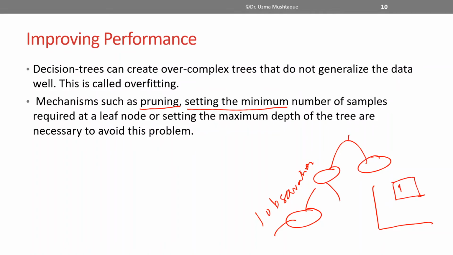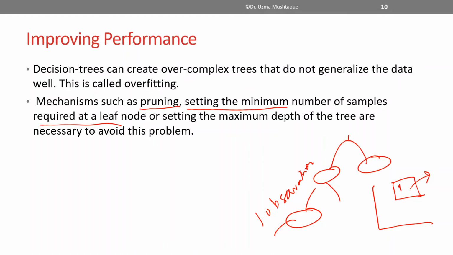That's overfitting the data, and obviously it will not generalize well. So for that, we set the minimum number of samples below which I won't split or get a new region or box. That's the way we prune a given tree.